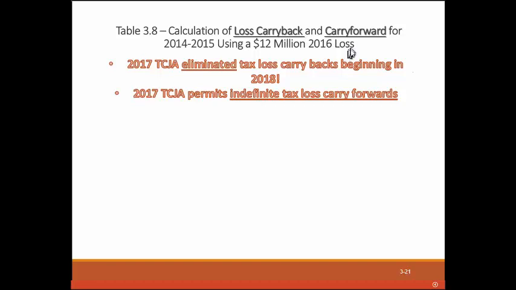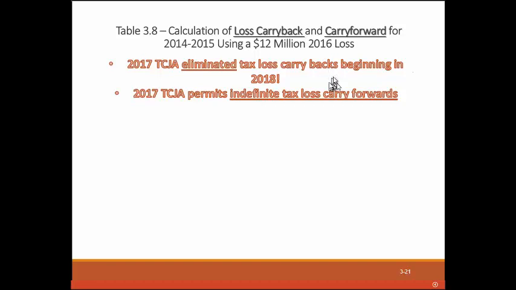And if past year's income was insufficient to cover the net operating loss, businesses could carry forward that loss until it is completely consumed. The Tax Cut and Jobs Act of 2017 completely eliminated any carrybacks, which means that corporations can't get tax refunds beginning in 2018.